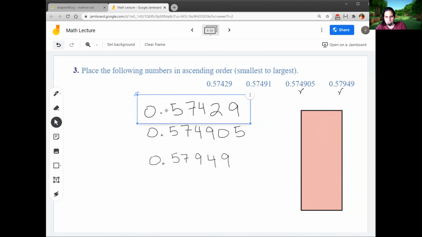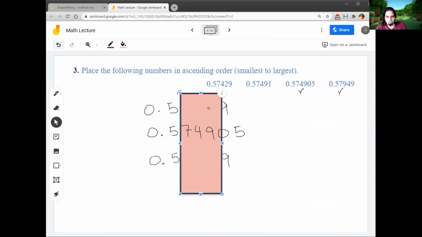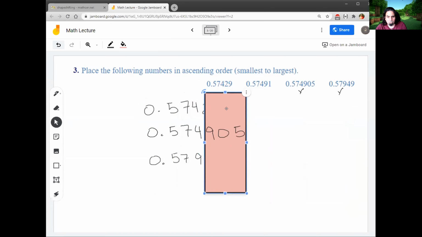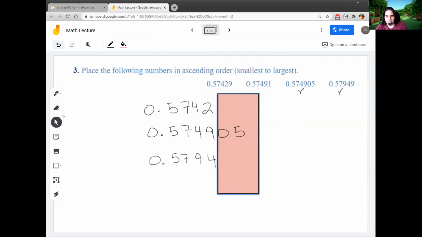Maybe it's all the way at the top, or maybe not. Let's see. So I will take my box, bring it to the front. Okay, so 5s, 7s, 4s. So far these two are equal, right? And then when I move my box a little more, then yeah, this makes sense. The 2 should be earlier than the 9 in my list.